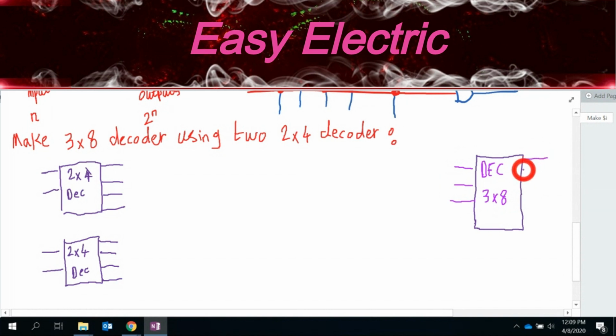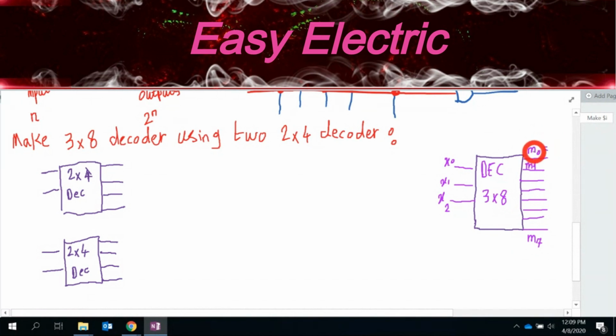Yeah, that's right. 1, 2, 3, 4, 5, 6, 7, 8. If you call the inputs x0, x1, and x2, then definitely you have midterm 0, midterm 1, and end up with midterm 7, right?